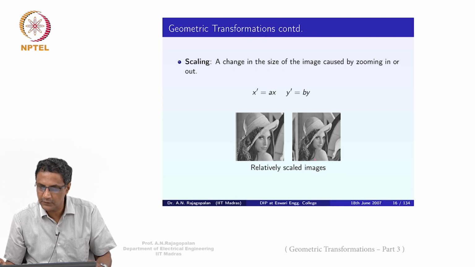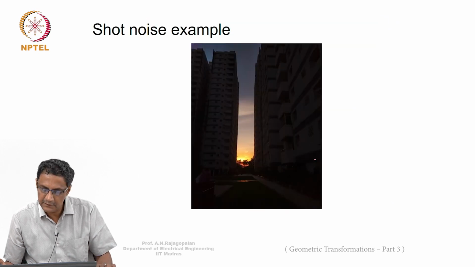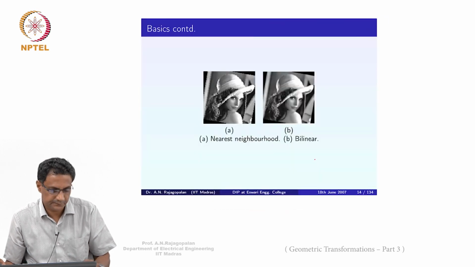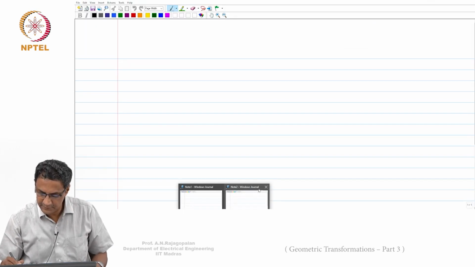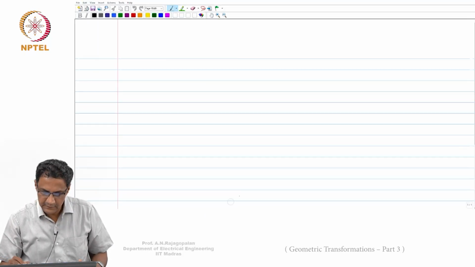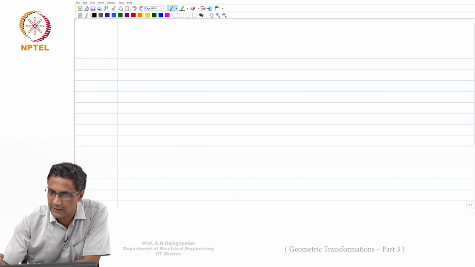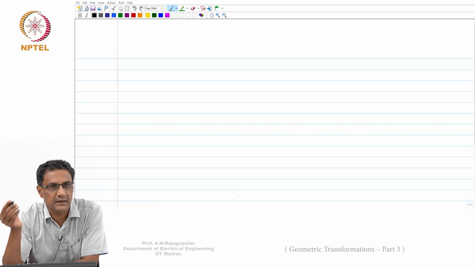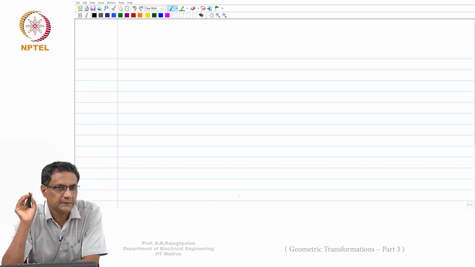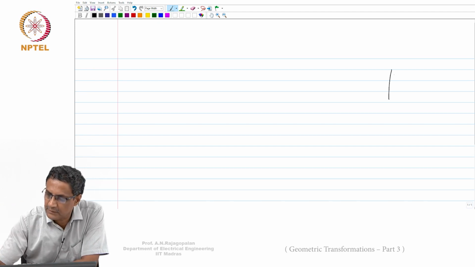Now, prior to going to the other things, in all of this please remember that when you do this target to source, it doesn't mean that target intensities are known. Target to source simply means that we still want to go from a grid wherein we have no information.